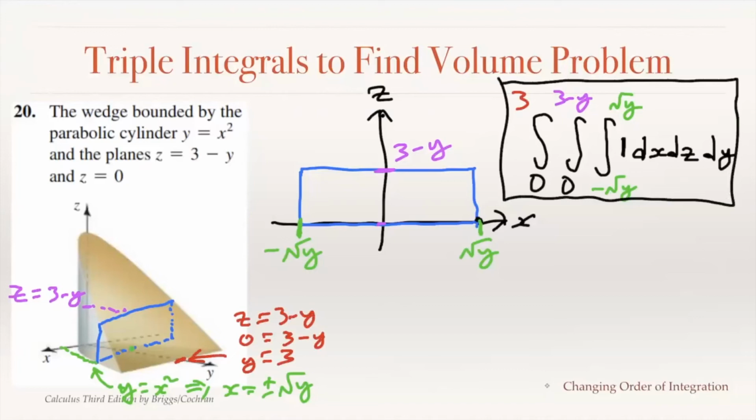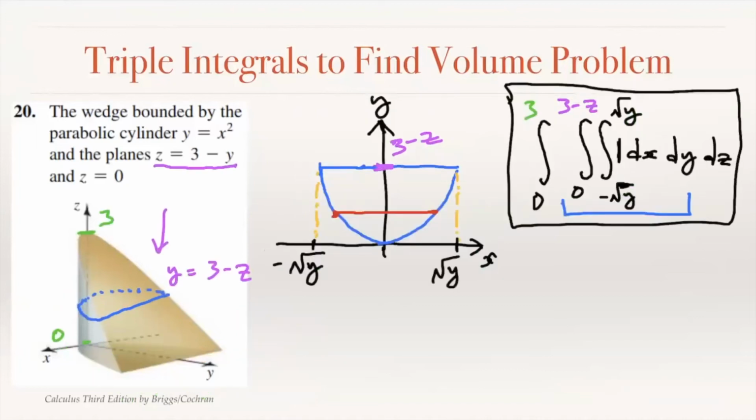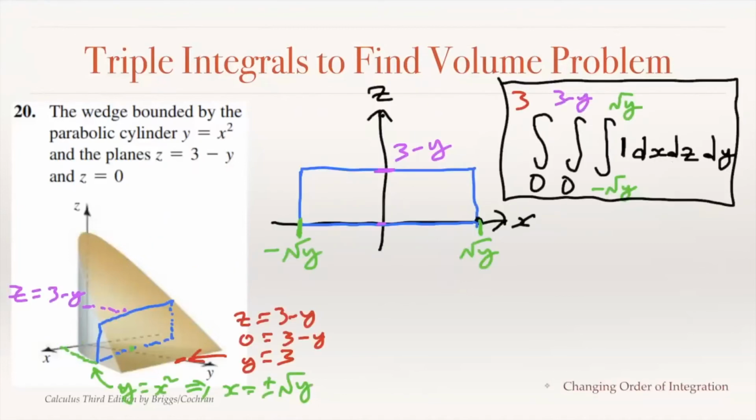Okay, so that will get us the same thing as this, just a different way of slicing. And here, for our inner double integral, we slice dx dz, but we could also slice dz dx. In this case, in fact, we can completely swap these two because y is constant relative to both.